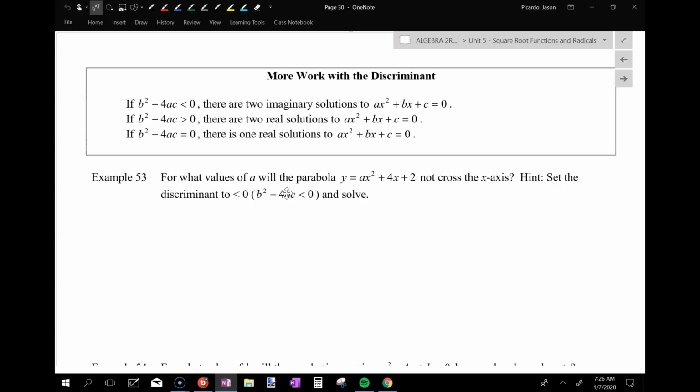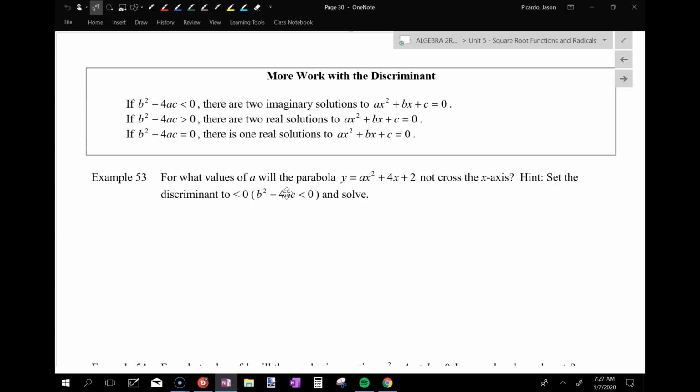And we said to identify the nature of the roots, we want to answer the following questions. Question number 1, how many roots are there? Question number 2, are the roots real or imaginary? Question number 3, if they are real, are they rational or irrational, right? And that's how we describe the roots, okay?